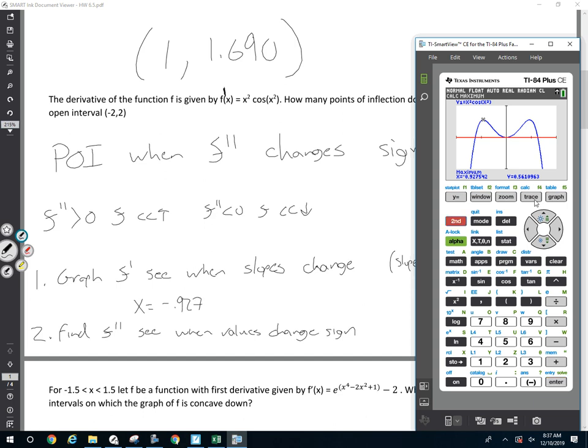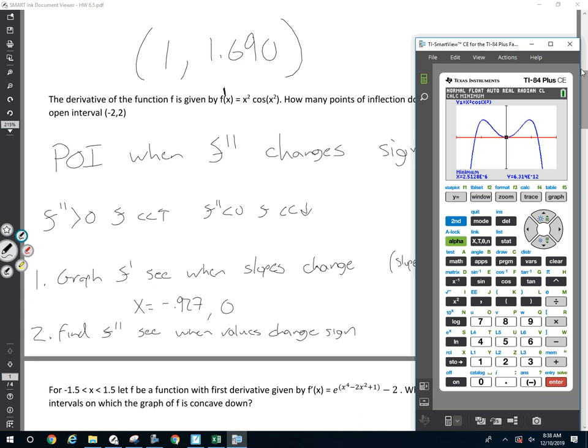Next location, second calc, min. Looks like it's going to be at 0. Let's just double check. Left bound, go to the left of it, go to the right of it. Yes, so this is essentially 0, 0. It's 2.512 times 10 to the negative 6th power. Move the decimal place over 6 times: 0.000002512.